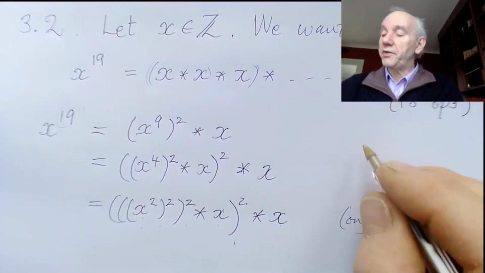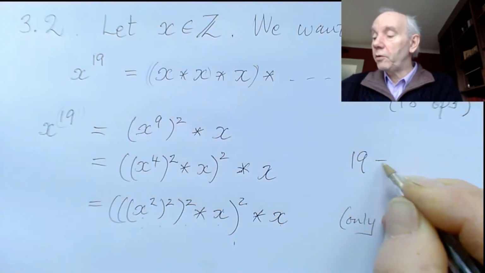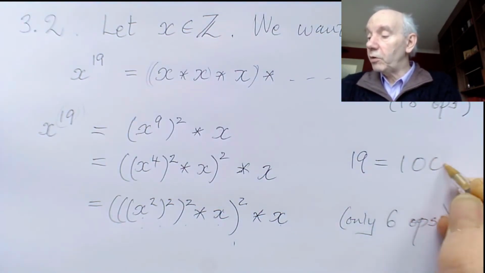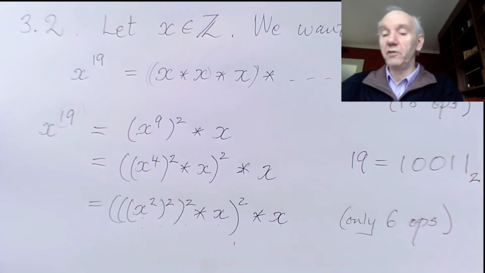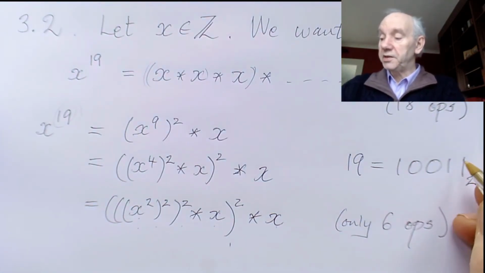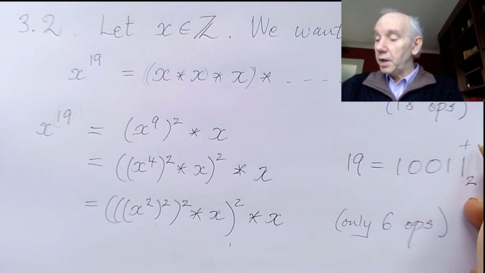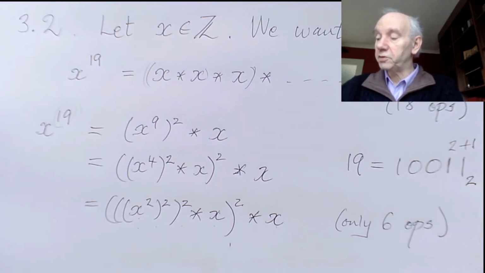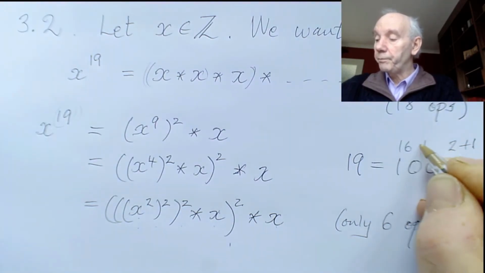So 19 in base 2 is 1, 0, 0, 1, 1. What is this telling you? This is 1 unit, plus the 1 here represents 2 to the power 1. No 4s, no 8s, and then there's a 16.